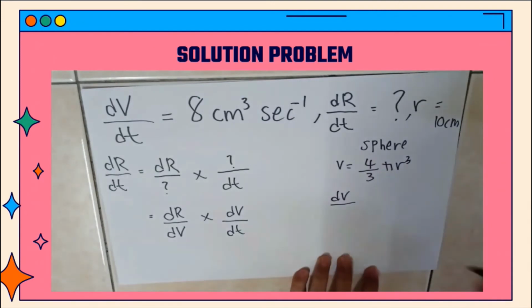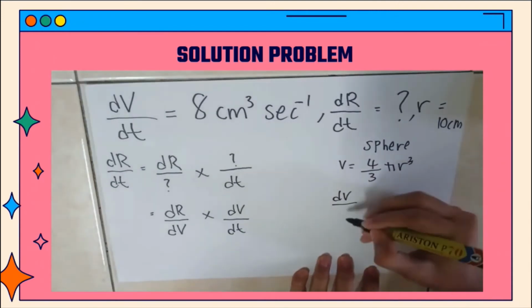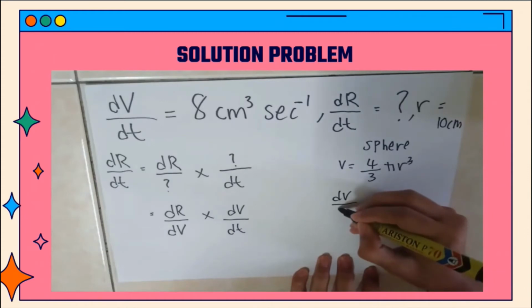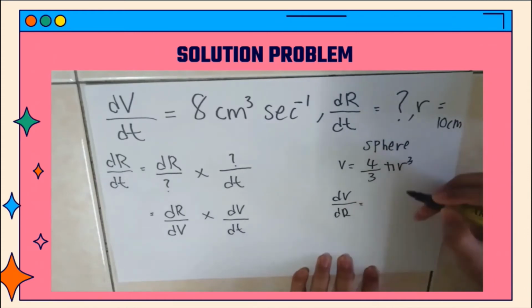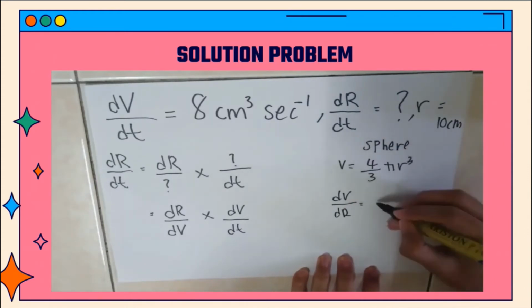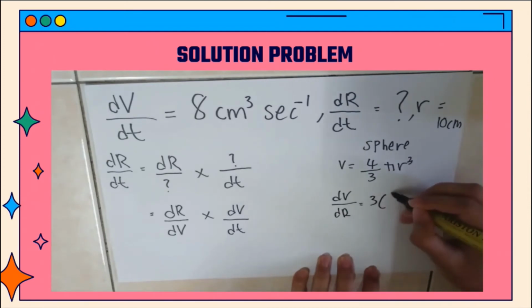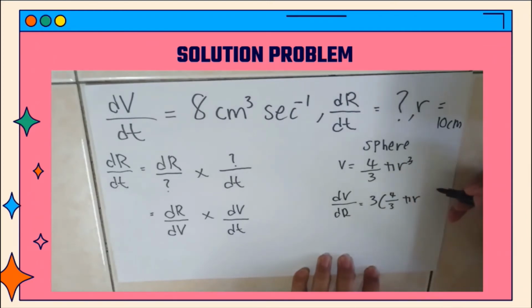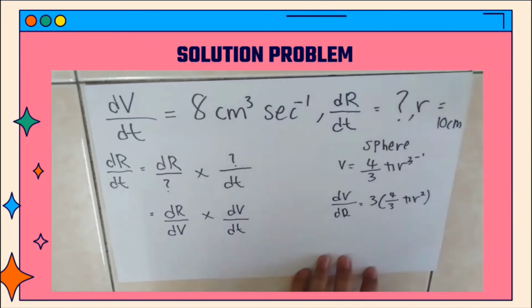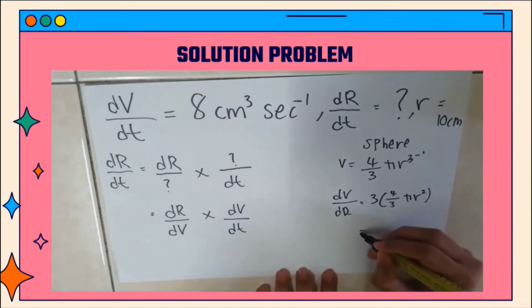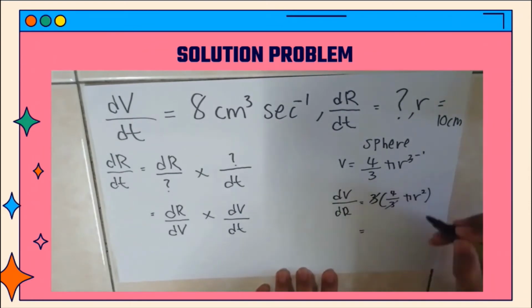If you want to find dV/dr, which is the differentiation of the formula, we must bring the power down, multiply by the expression, and reduce the power by 1. So we can simplify it and it becomes 4 pi r^2.